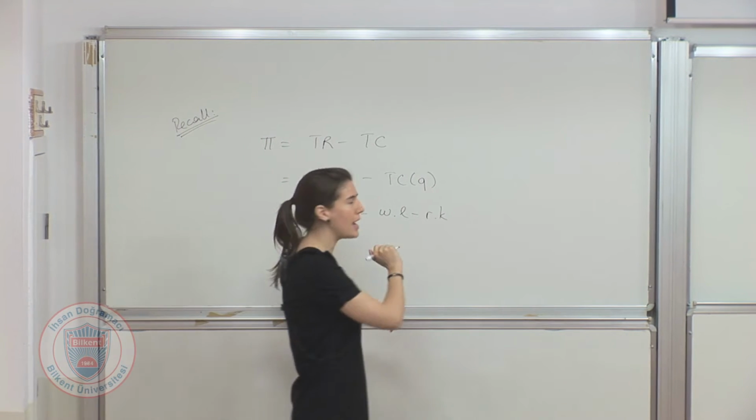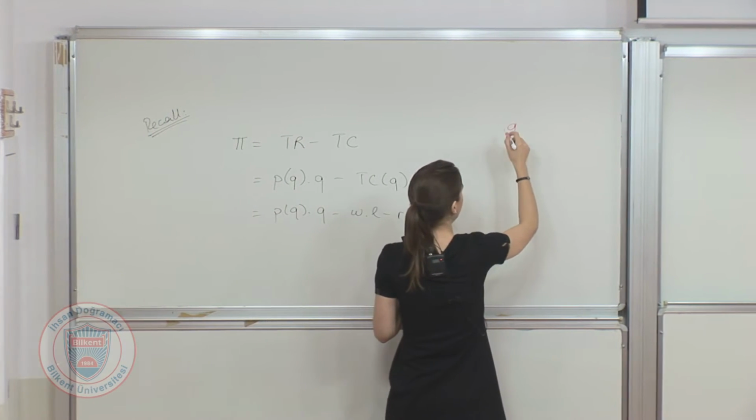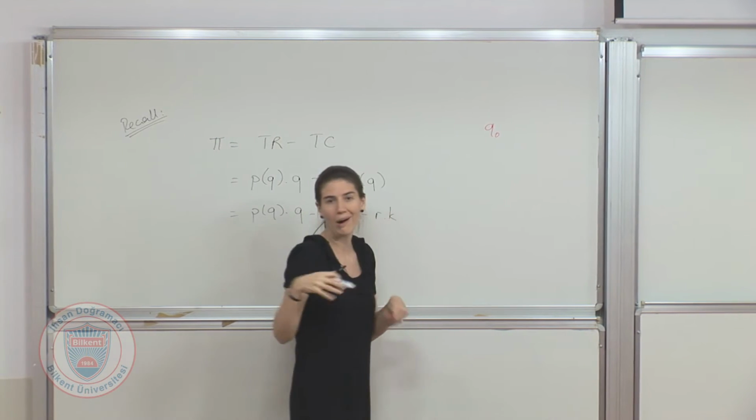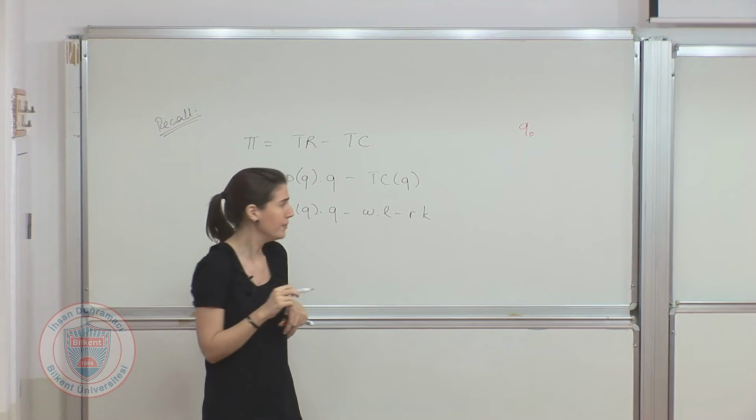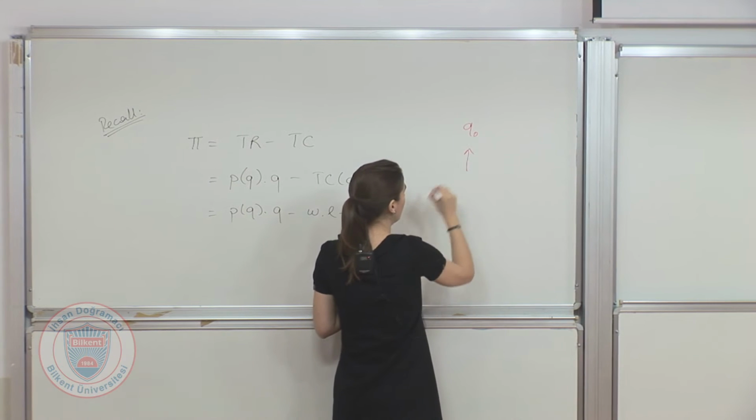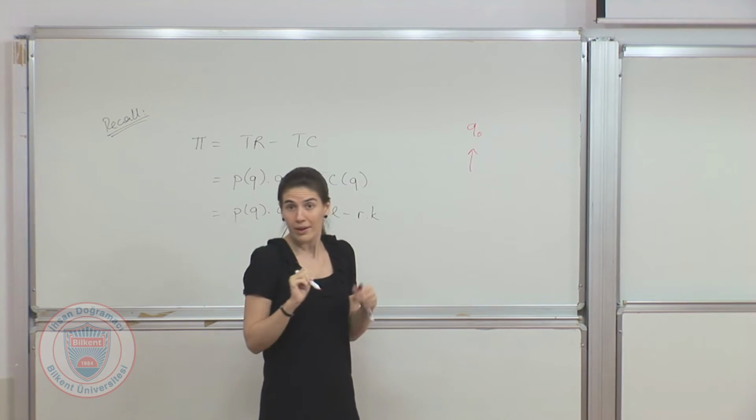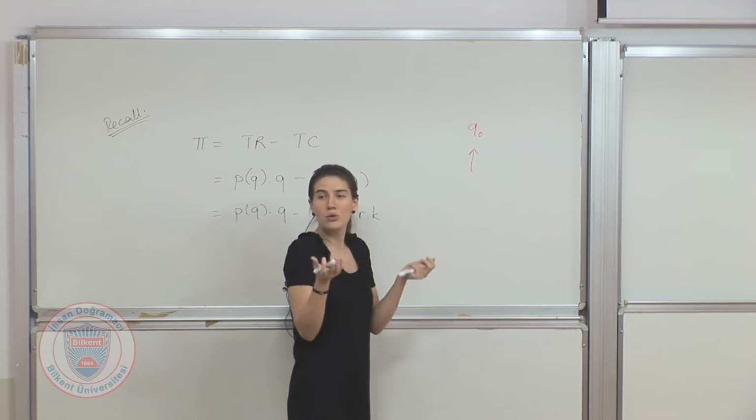Suppose they decide to produce some level of Q0 or Q bar, okay? And what is the minimal cost to achieve that level Q0?